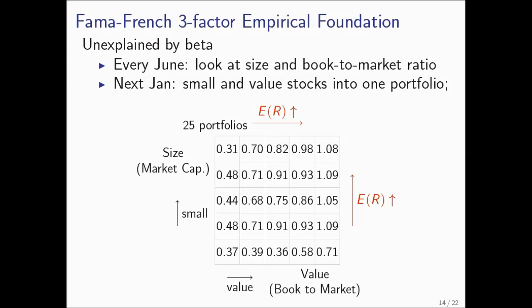So the next thing is to look at the empirical foundation, and the following portfolios show some returns that we cannot explain by beta. What they do is consider 25 portfolios, divided into portfolios with different sizes and different book-to-market values, for example a portfolio that is small in size and has a low book-to-market value.